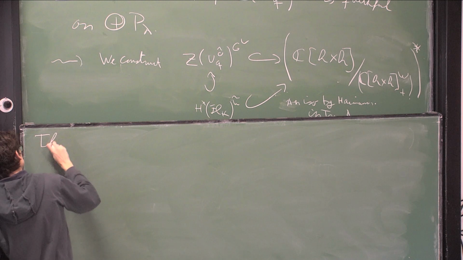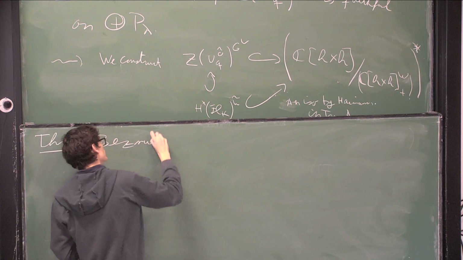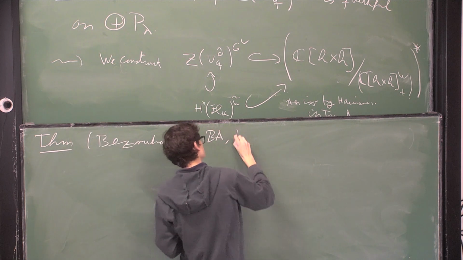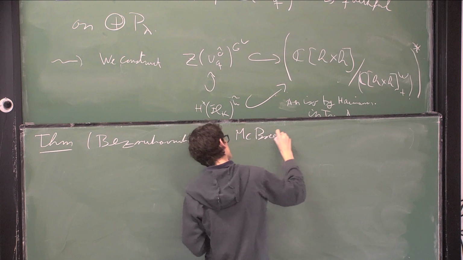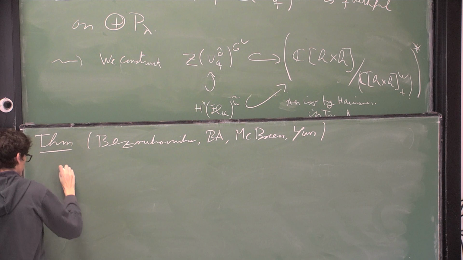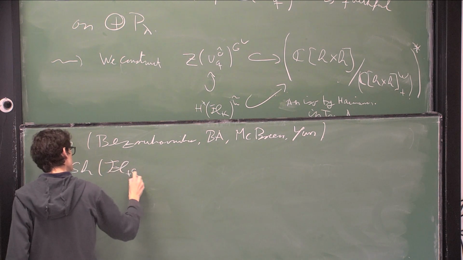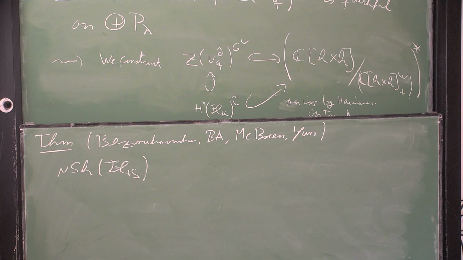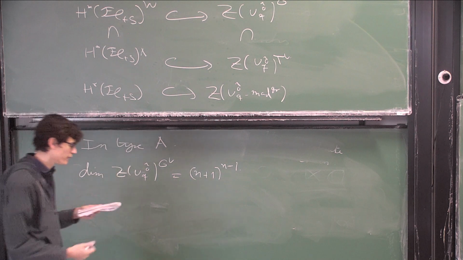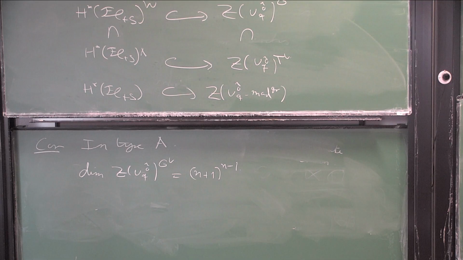Namely, this is ongoing work with Bezrukavnikov, McBreen and Yun. And okay, so it states that some sort of category, microlocal sheaves on the Springer fiber, whatever that is, some sort of category that lives on this Springer fiber is, let me say, Koszul dual.